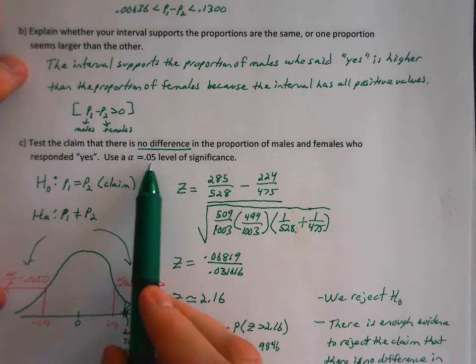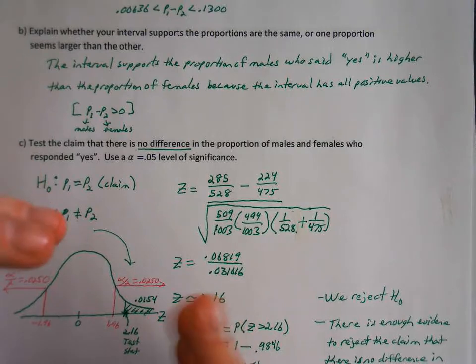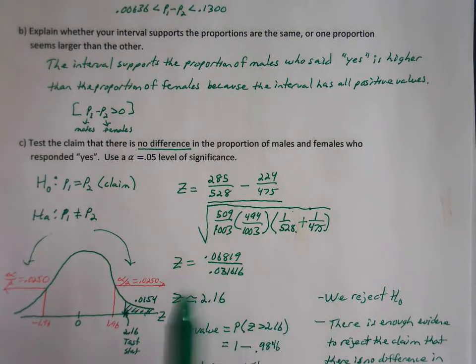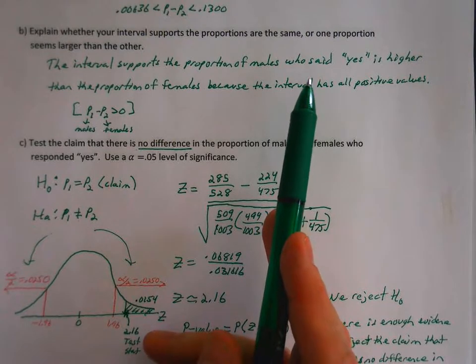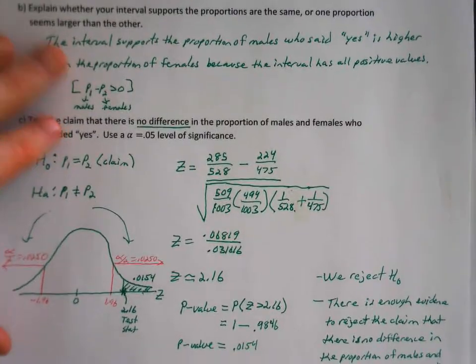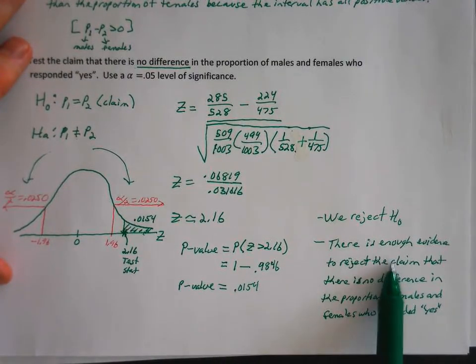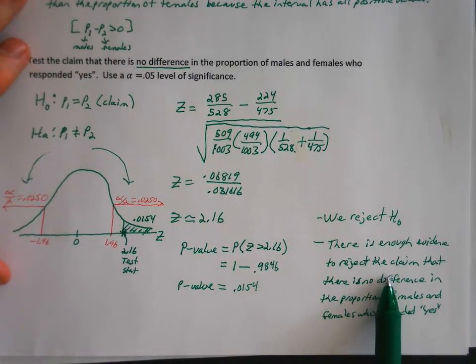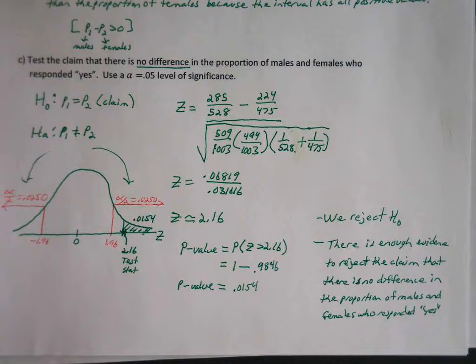You can't just assume that you get the same answer each time. It depends if those values end up being different areas in the curve. Up here we did say that it does appear the proportion of men was higher. And down here, we're rejecting the idea that there's no difference. So we are saying that there is a difference in the proportion of males and females.